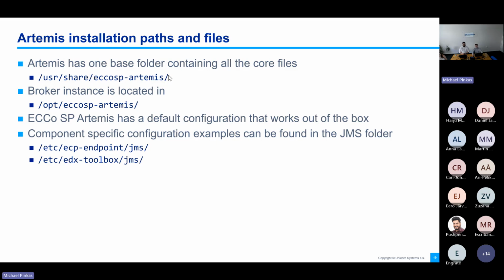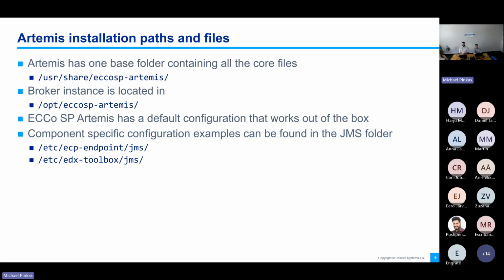What might confuse you is that Artemis itself has a slightly different approach to installations. You have one big folder, that is the user share, which contains all the libraries, the jar files, and common installation binaries and so on. And from this folder, you are creating instances.